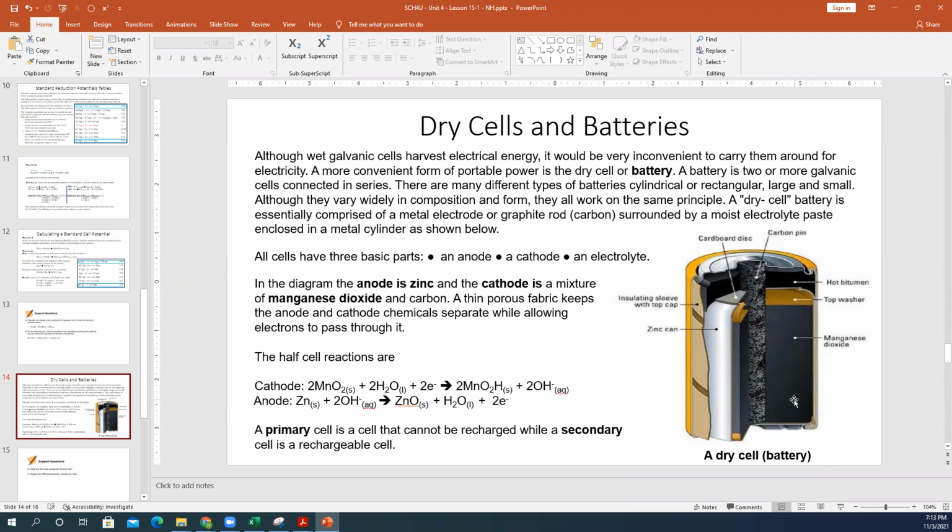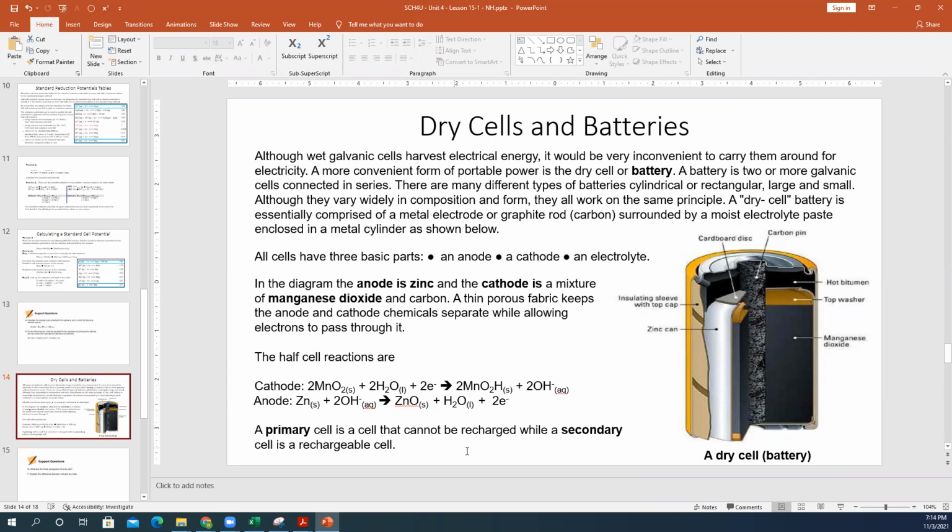And then you have a very thin porous fabric that keeps the anode and the cathode chemicals separate while allowing electrons to still go through. So that was kind of the idea of what the salt bridge was doing for us in the wet galvanic cells.